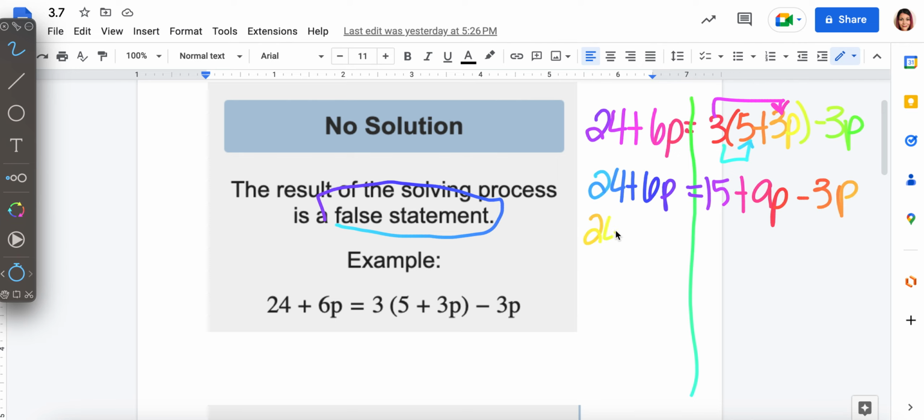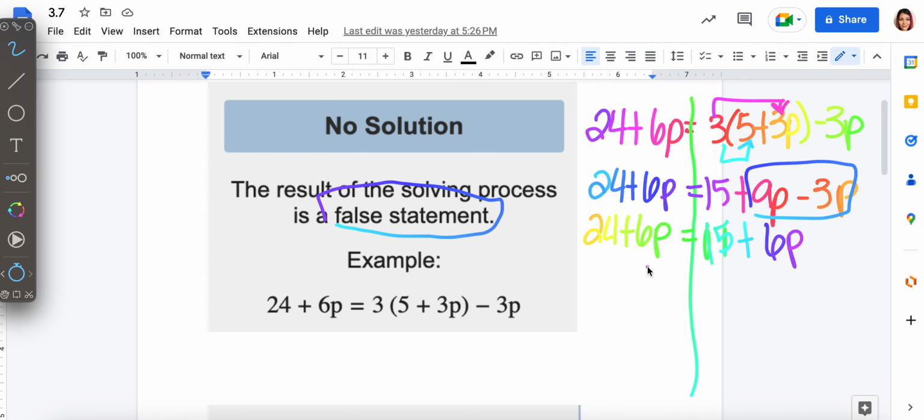Okay, so this is just going to continue to come down. Again, this isn't a video of how to solve equations. You can watch that video if you want. 15 plus 9p minus 3p, and then we can simplify that. 9p minus 3p is 6p.